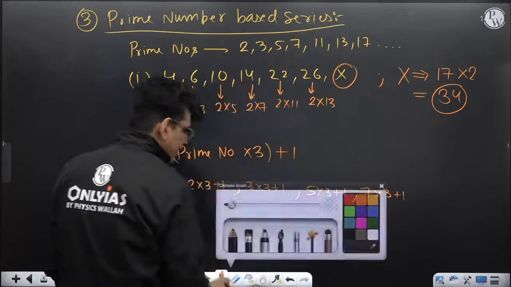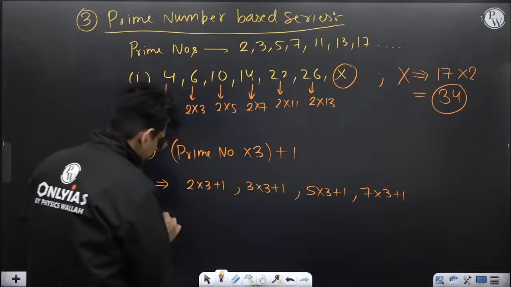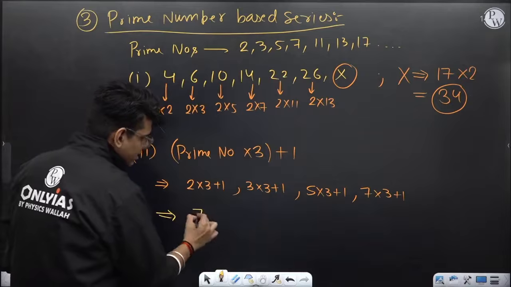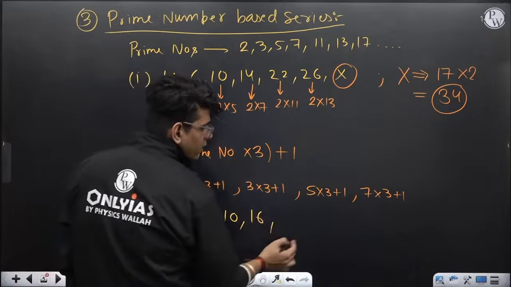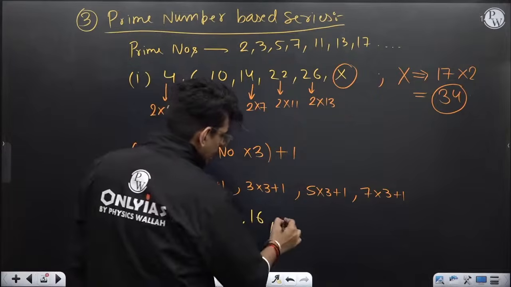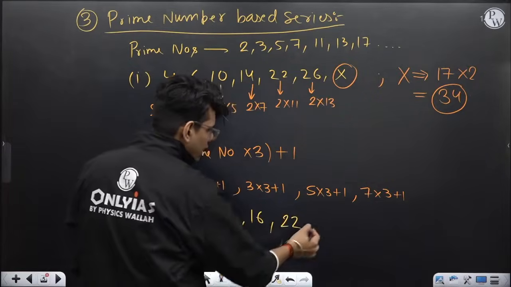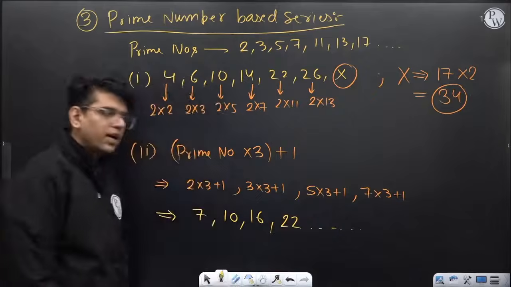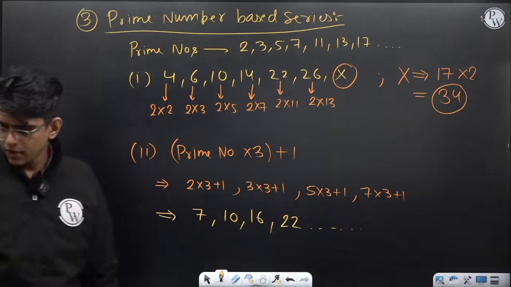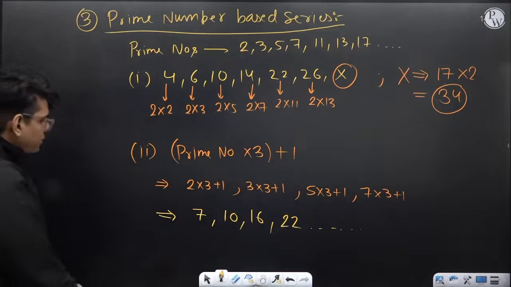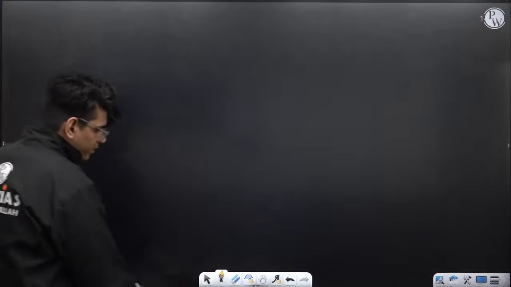So the series we will get will be something like this: 6 plus 1, 7, 10, 16, 7 threes are 21, 22, right? And so on. So we can also get series like this for prime numbers in the exam.